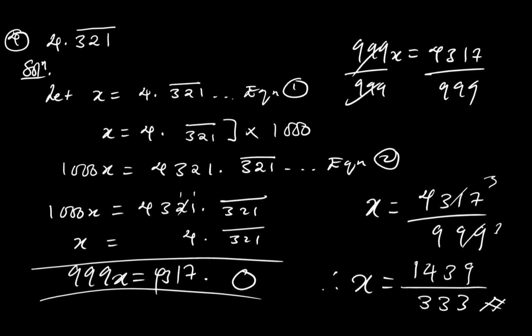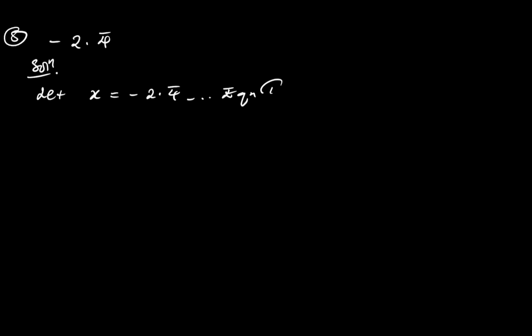Let's look at the last example. Say we have minus 2.4 bar. So we have a negative value. All we have to do is to just apply the same procedure. So let x be equal to minus 2.4 bar, and this will be equation number 1.